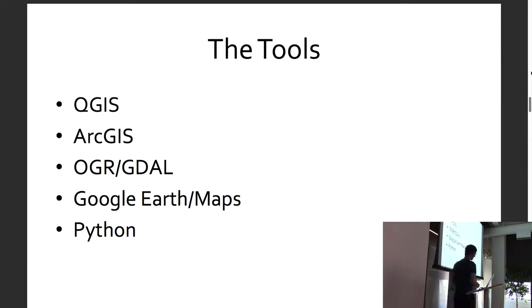OGR and GDAL are the core elements of QGIS, and generally when you work with geoinformation data. And of course, Google Earth and Maps is nice to view it. And what I was mainly focusing on, since I'm working a lot with it, was Python, and you have a lot of really good interfaces to OGR and GDAL.